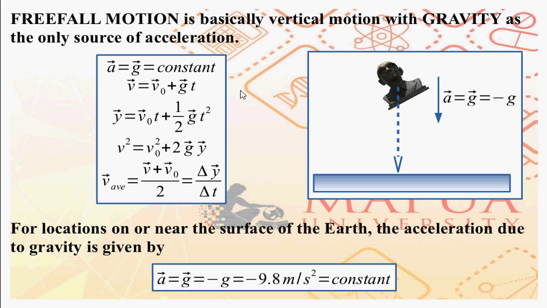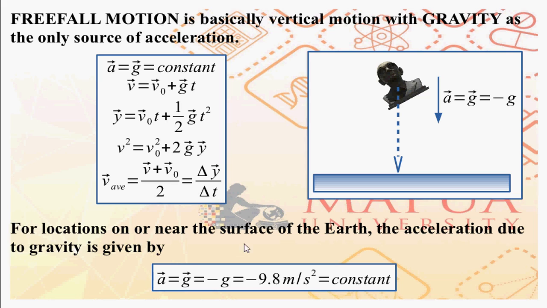As such, you have four equations that you can use to analyze the motion of the object as it undergoes freefall motion. v is equal to v naught plus gt. y is equal to v naught t plus 1/2 gt squared. v squared is equal to v naught squared plus 2gy. v average is equal to v plus v naught over 2, is equal to delta y divided by delta t.